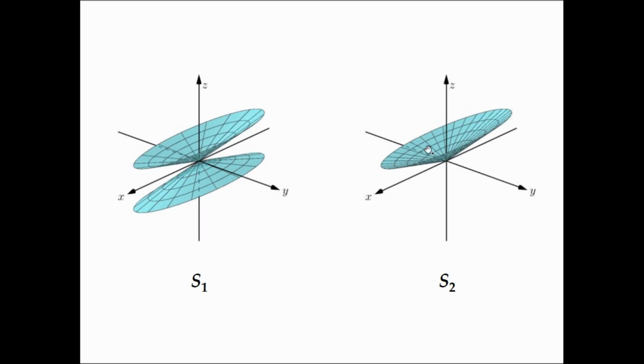Pinutol lang natin sa plane to. As you can see, wala na yung nasa babang part. Since in S2, u is greater than or equal to 0, but since z equals u, then z is greater than or equal to 0. So, yung portion lang ito ng elliptic cone nasa taas ng xy plane.